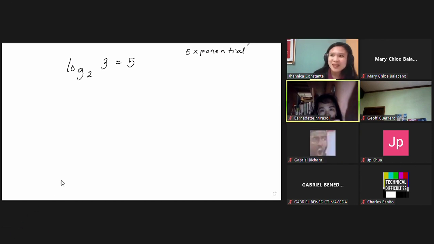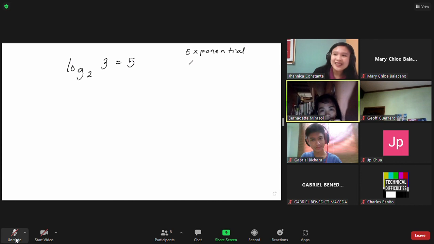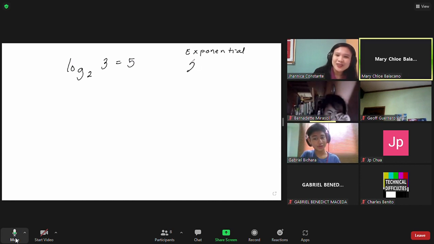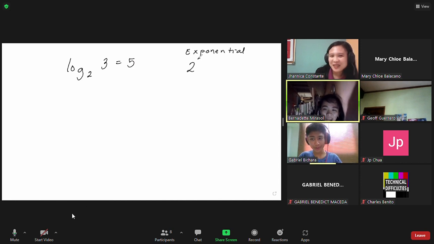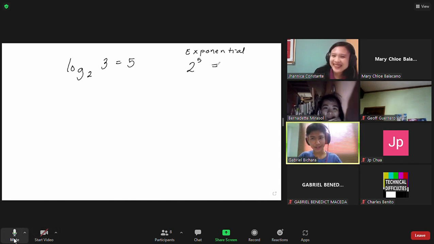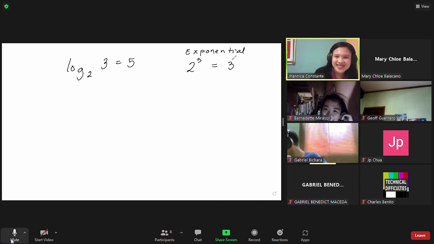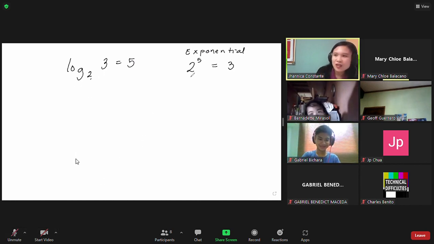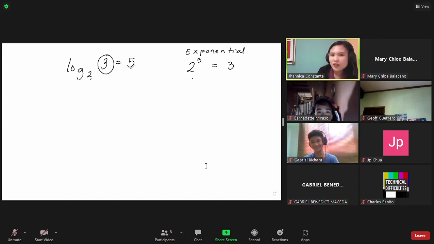What is the exponential form? 2 to the fifth power equals 3. So the base will still remain as the base of your exponential form. The only thing that is interchanged is your argument and your answer.